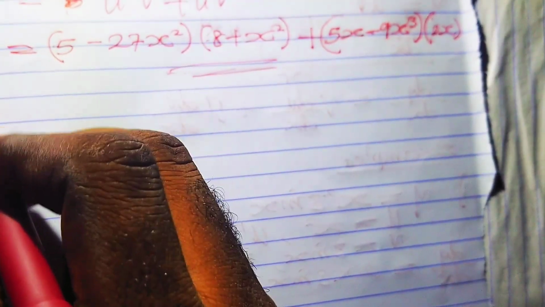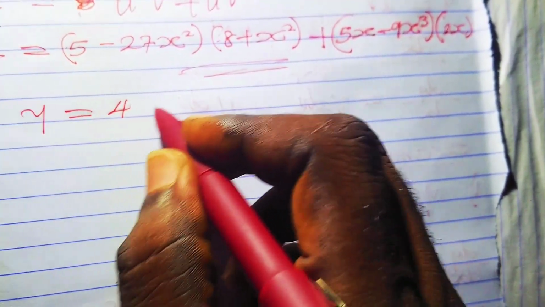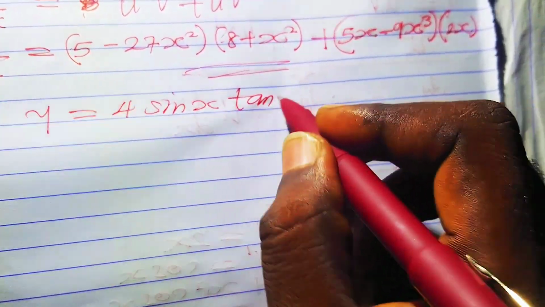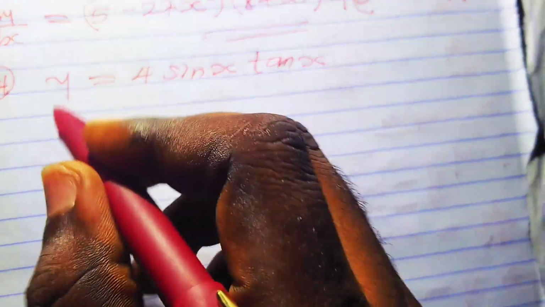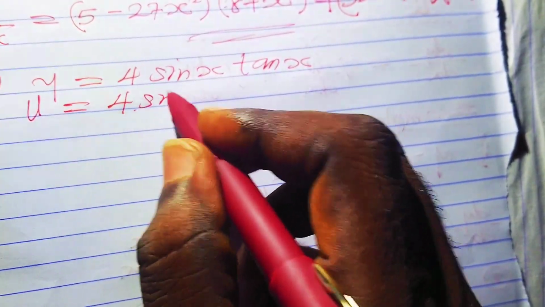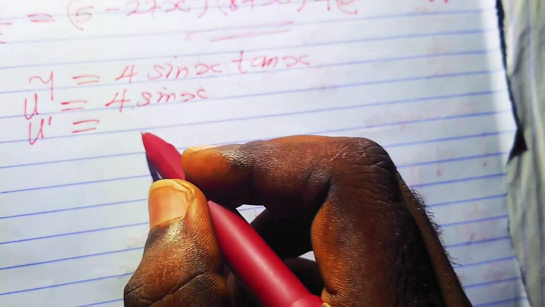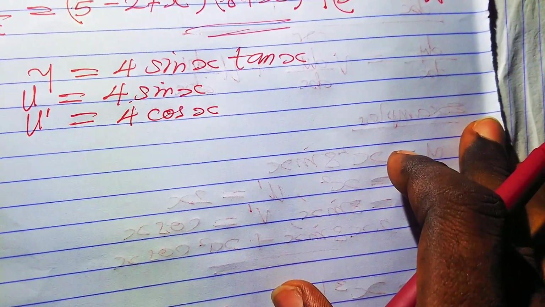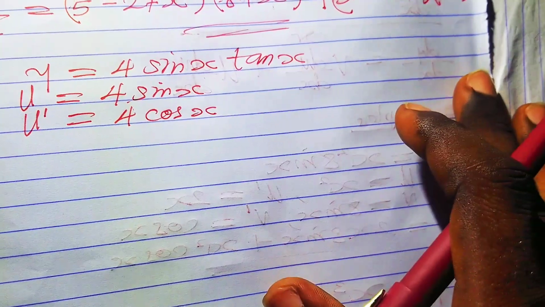The next one says, number 4, if y equals 4 sine x tan x, we have to find dy/dx. So we can just say u equals 4 sine x, and then u prime equals 4 cos x. I refer you back to my last video as well, where I discussed the differential values of our trig functions.